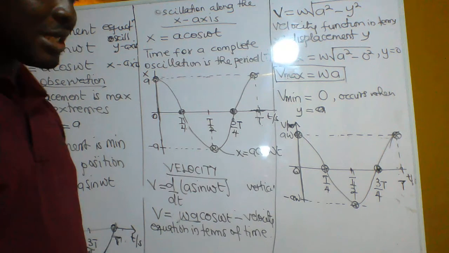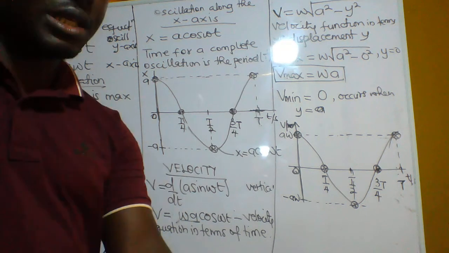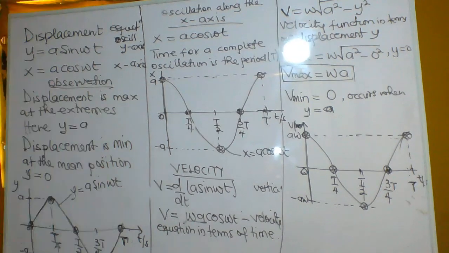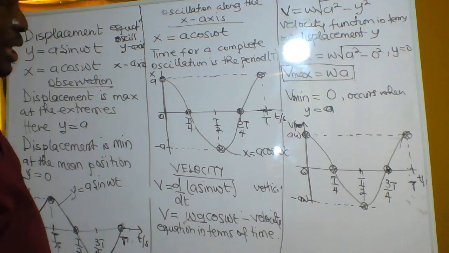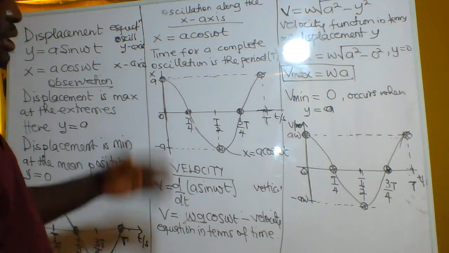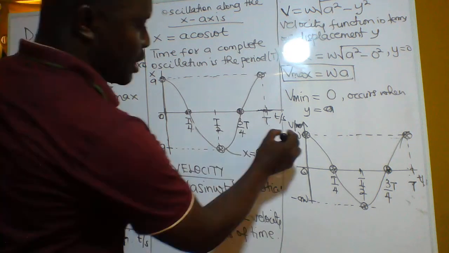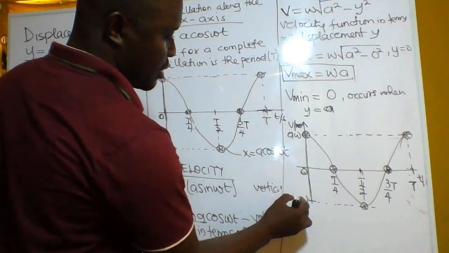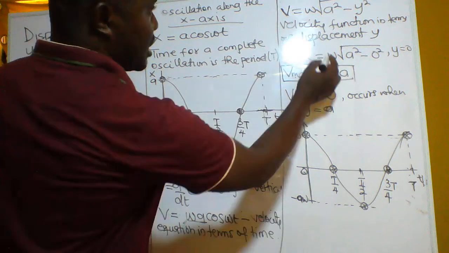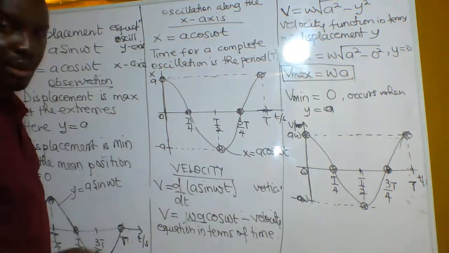We'll look at the velocity function along the x-axis so that we can compare the two. So A omega is the amplitude, and the amplitude can be obtained from here.